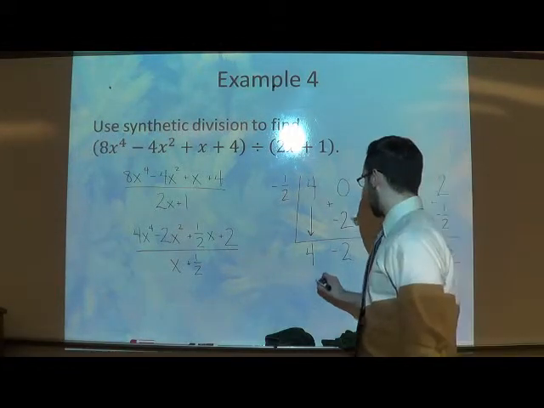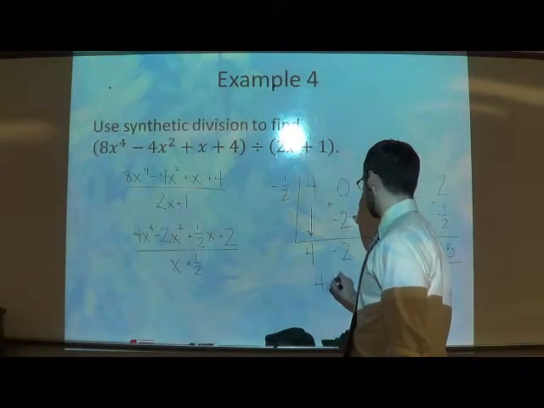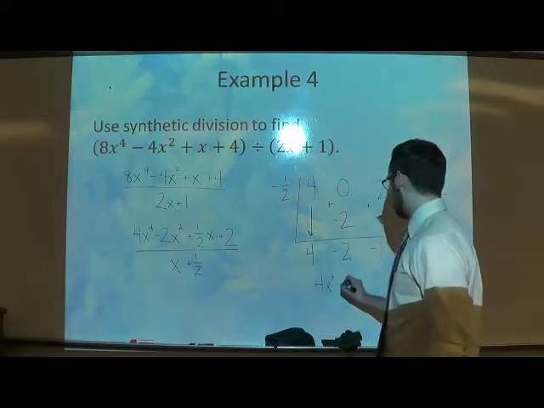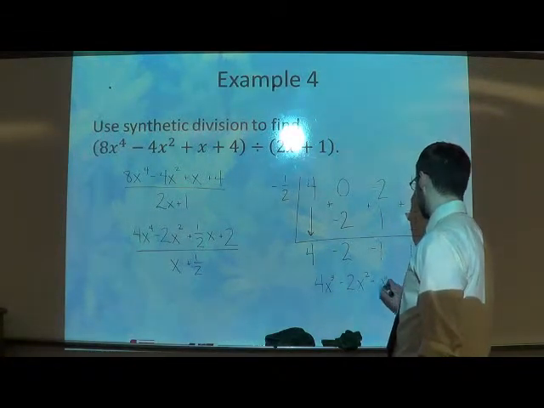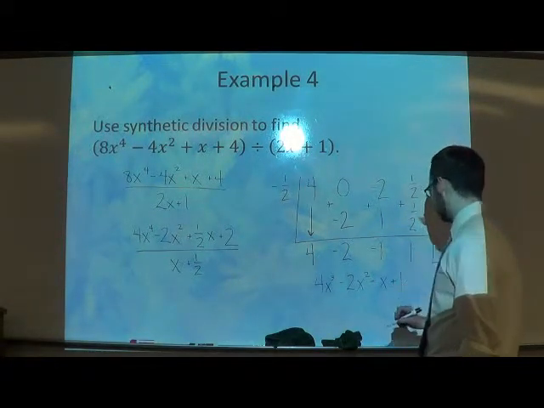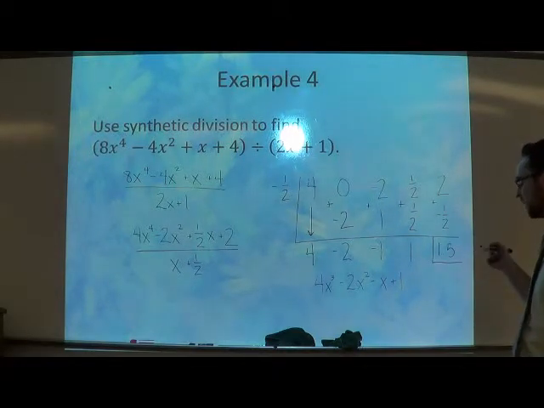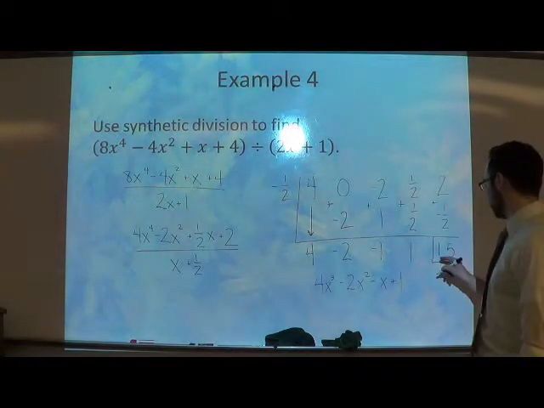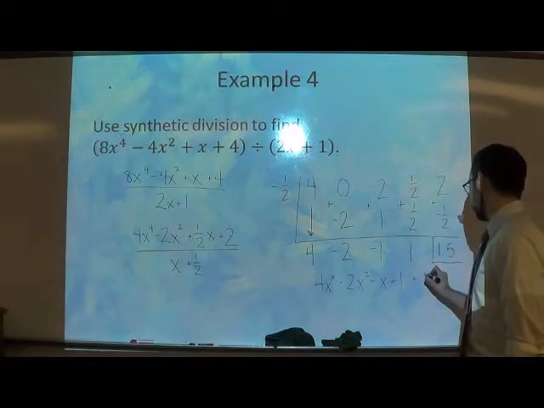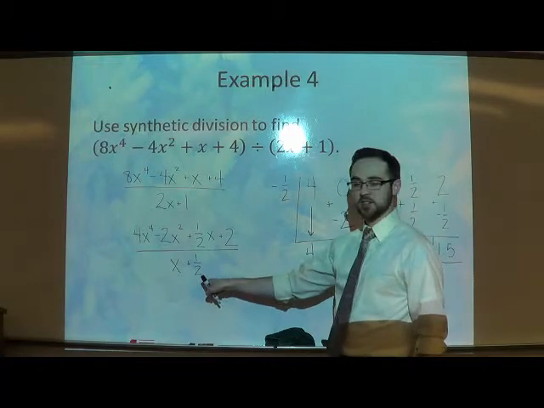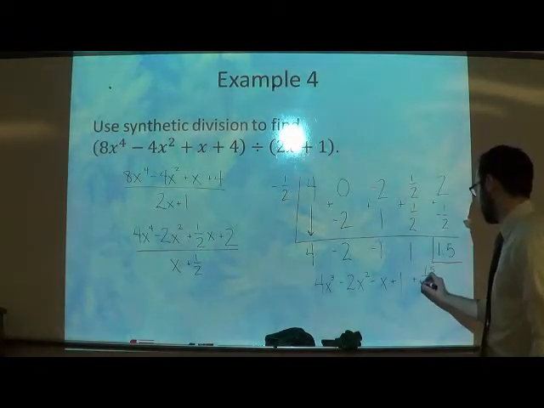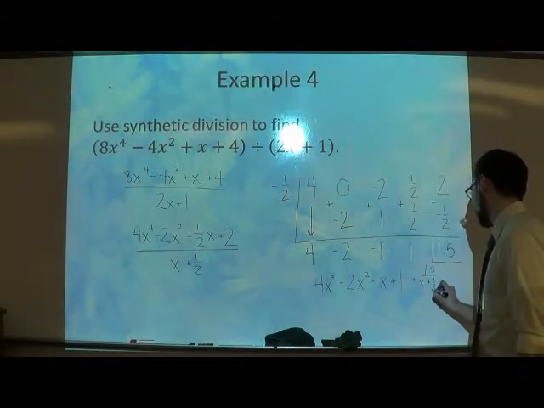So I have 4x cubed, remember you go down by 1, minus 2x squared minus 1x plus 1. Now, really what you do here is you do plus, we're going to have 1.5 over whatever this denominator was.